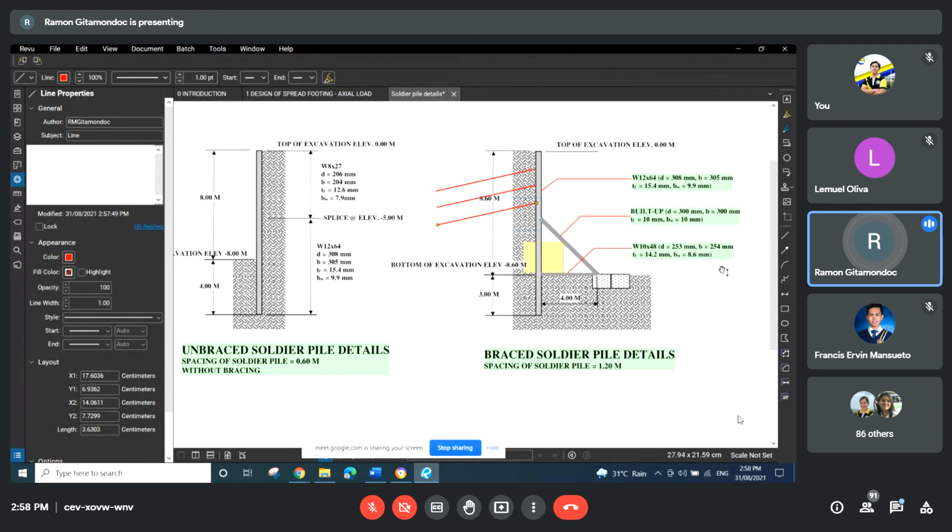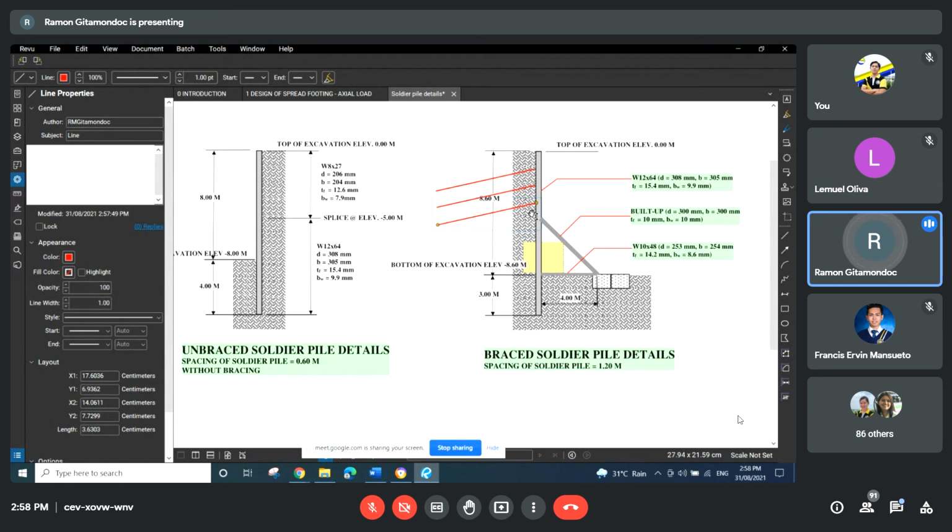Here in Cebu, I think it was last year, at least 2 projects had this type of failure, no? Their excavation collapsed. That's why for me, sheet piling is more reliable compared to soil nailing.